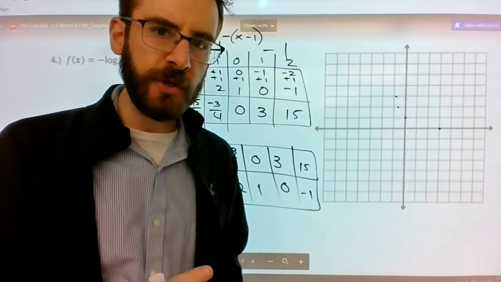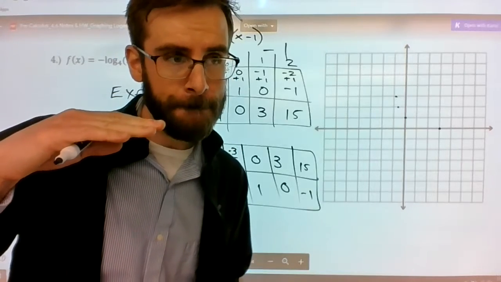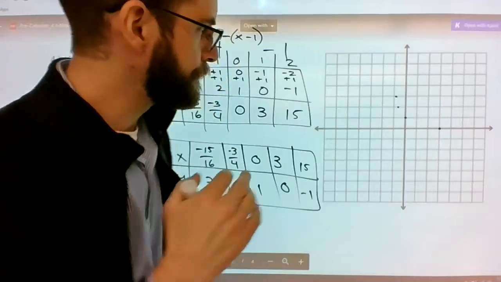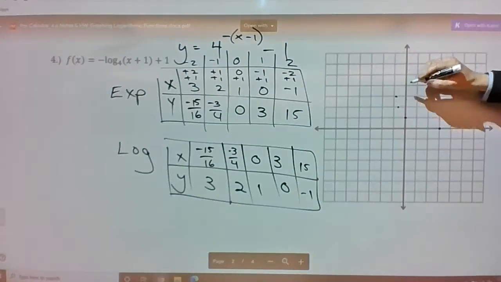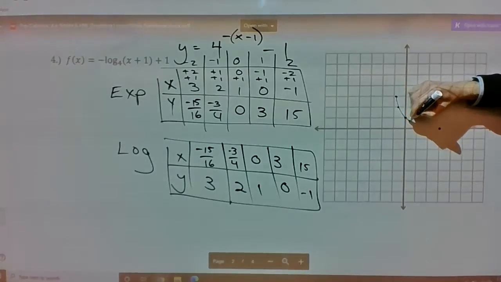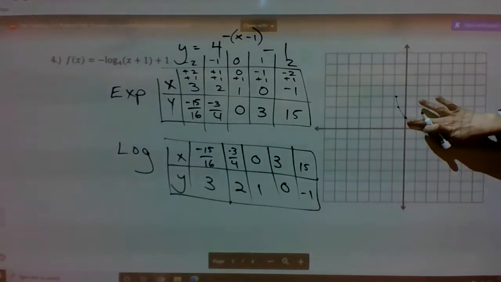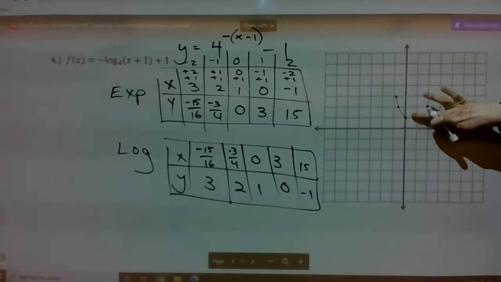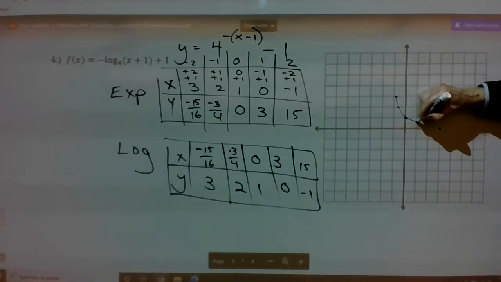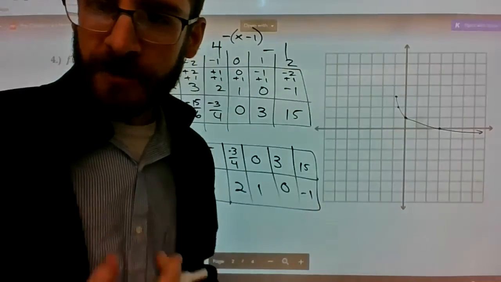So what you could do is say it's ever so slightly moving downward. Okay? So if it's ever so slightly moving downward, we want to make this a very gradual curve. Oh, I'm not very good at this. All right, so that's what we got.